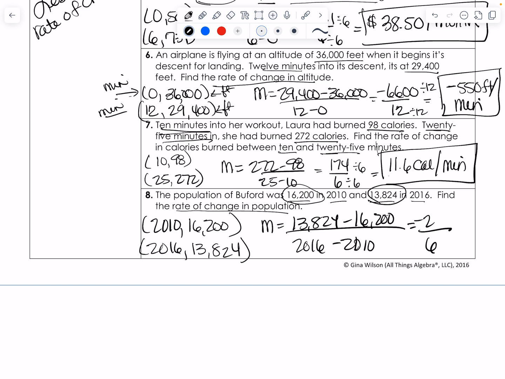You get a negative 2,376. When you divide both by 6, you're going to have a negative. Get our calculator out. If you have 2,376 and you divide it by 6, you're going to get 396. And that's going to be people per year.